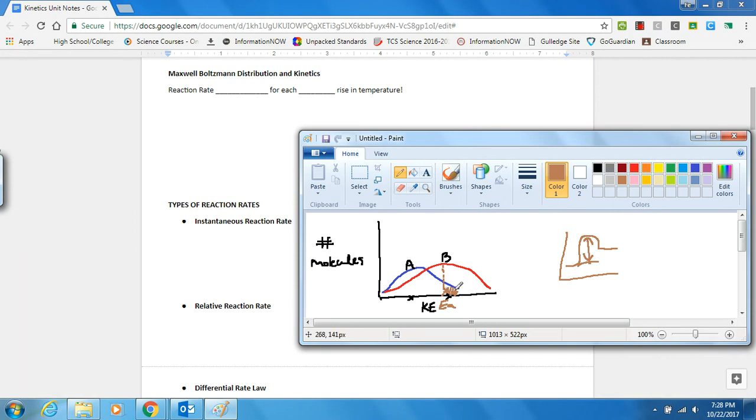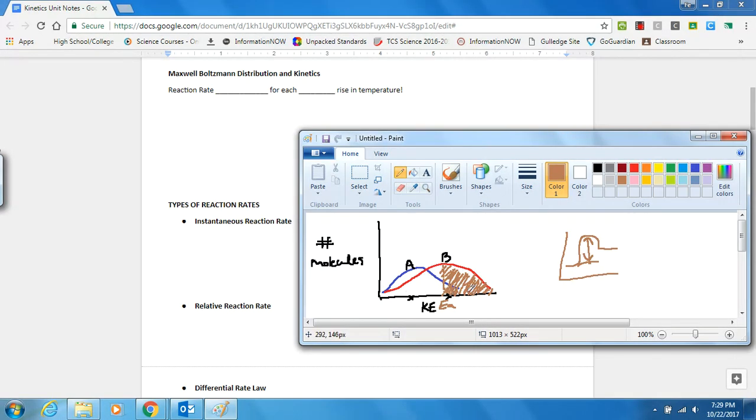That doesn't look like a very large number compared to all this space over here. Since A is at a lower temperature, there aren't very many particles that have sufficient energy to overcome the activation energy. But let's look at B. B is at a higher temperature, so all of these particles to the right of this line, you see it's a lot greater than the particles for A. Those particles have sufficient energy to overcome the activation energy.